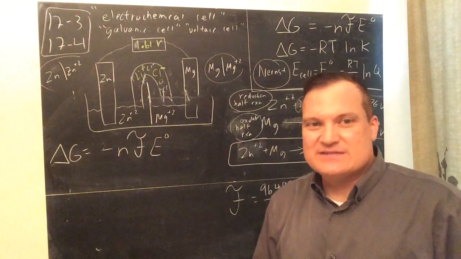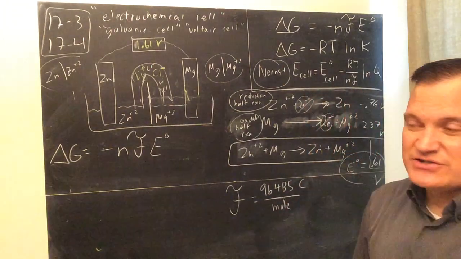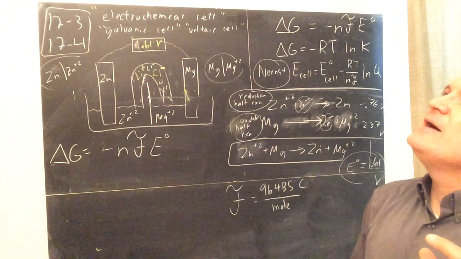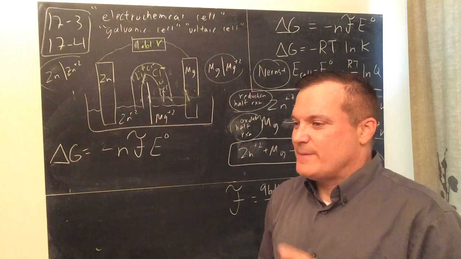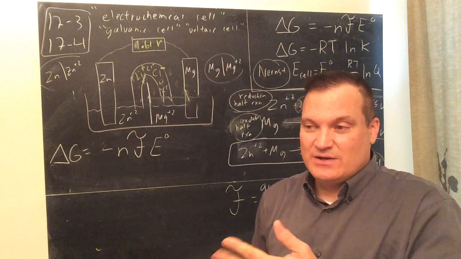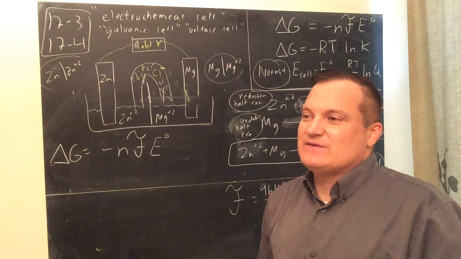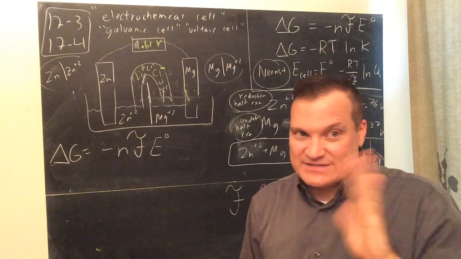Now, a coulomb is the unit of electrical charge. So imagine, if you walk across the floor on carpet and you touch a piece of metal and it shocks you, think about that as receiving like a coulomb shock. That is not a coulomb.